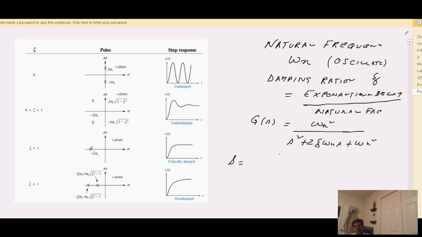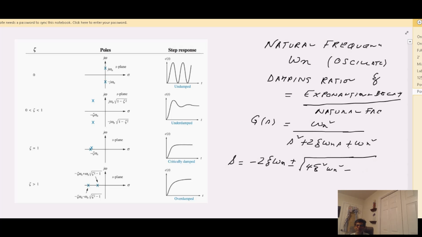So obviously it is going to give you two poles. It's a second order system after all. So b here is minus 2 zeta omega n. Applying the quadratic formula, if you recall, minus b plus or minus the square root of b squared minus 4ac, right? So that would be 4 zeta squared omega n squared minus 4ac.